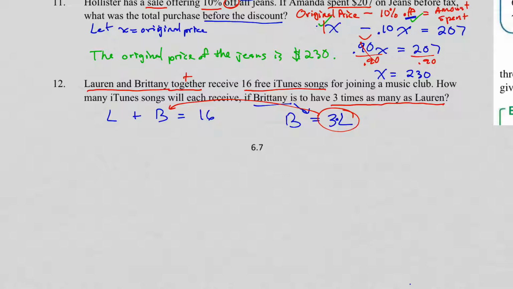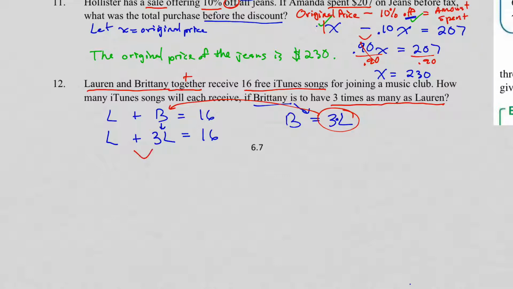You cannot solve one equation with 2 variables. So we need to get this thing replaced. So we're going to get L plus 3L. So Brittany's actually the same as 3L. And now we have a nice simple equation.